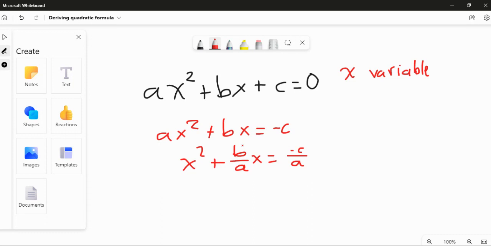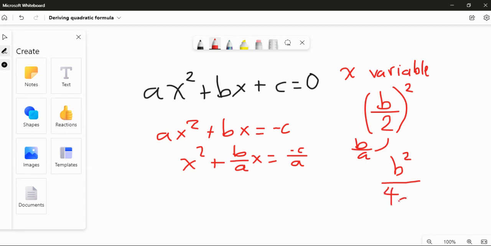Now here we can complete the square. Completing the square would just be adding another term like this, and essentially our b value here is b over a. So when we plug it in, you should get b squared over 4a squared, since 2a times 2a is 4a squared.